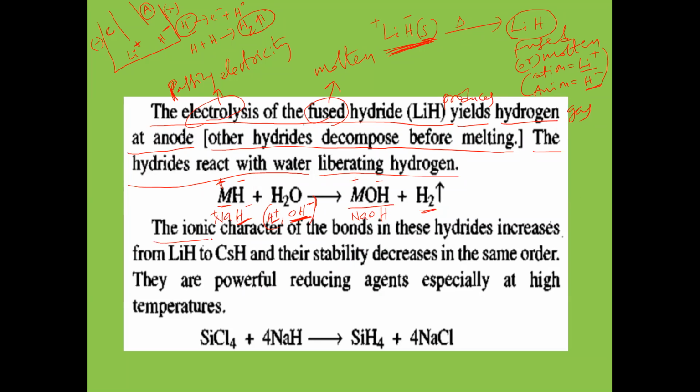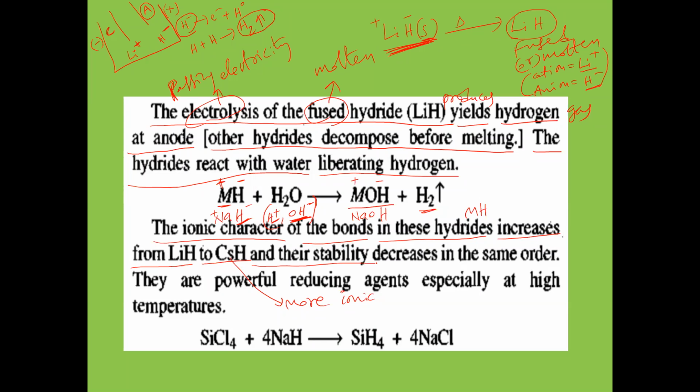Next, the ionic character of the bonds in these MH hydrides increases from lithium hydride to cesium hydride. So cesium hydride is more ionic in nature, and lithium hydride is less ionic.